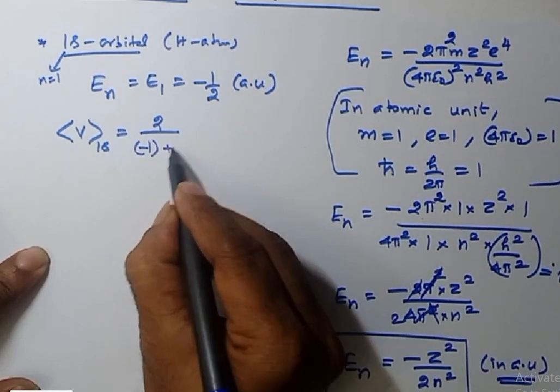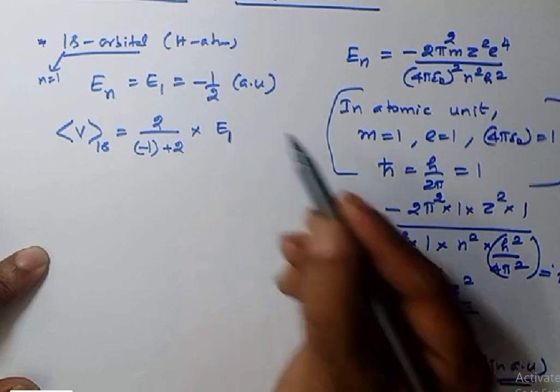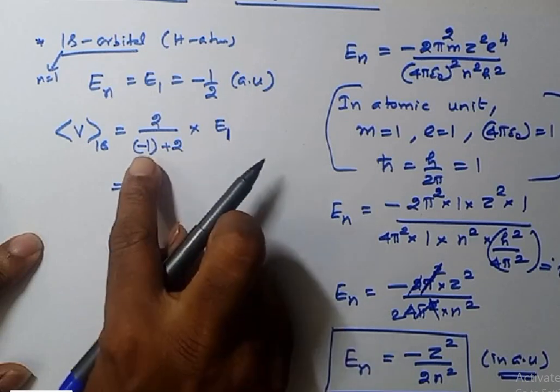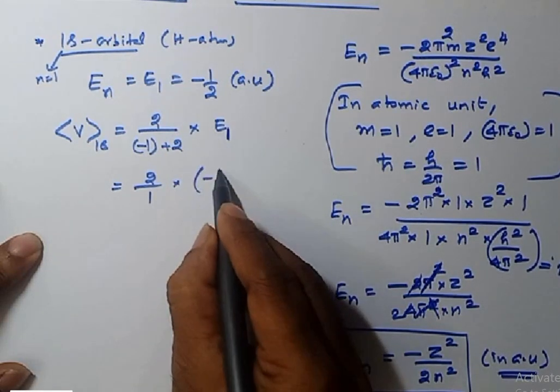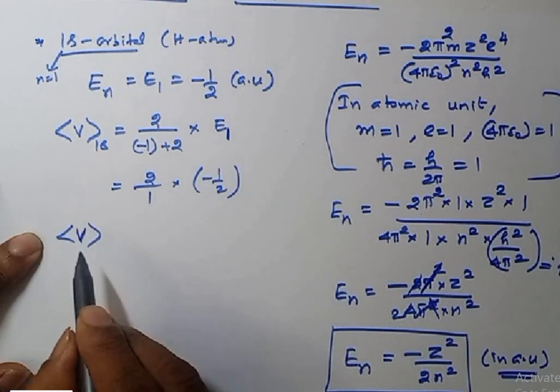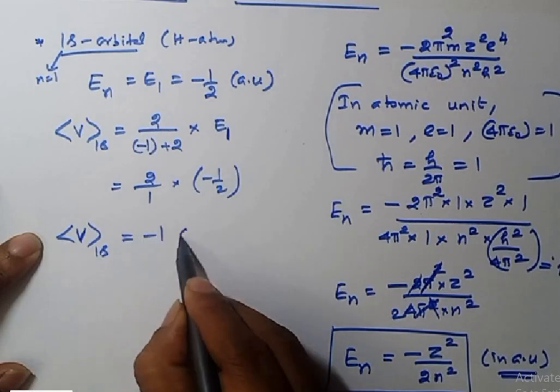So minus 1 plus 2 gives 1, into the energy of the 1s orbital, E1, which is minus 1 by 2. So what's the answer? Minus 1. Yes, the average potential energy in the 1s orbital is minus 1 atomic unit.